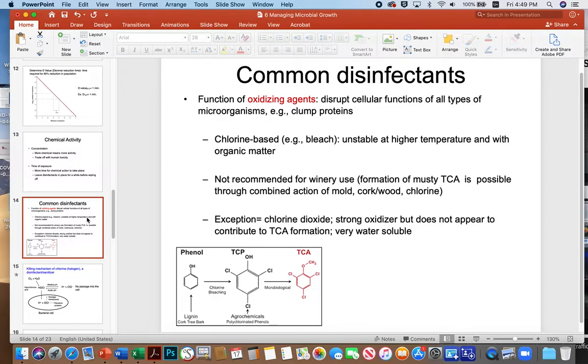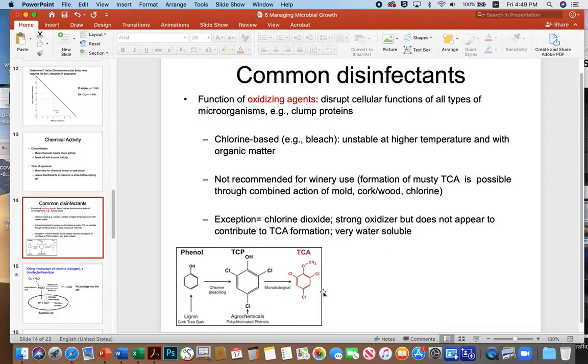of musty TCA or trichloroanisols. It's possible through the combined action of the mold, corkwood, and chlorine. And so molds can actually grab onto these chlorine-based compounds and convert them into these TCAs.